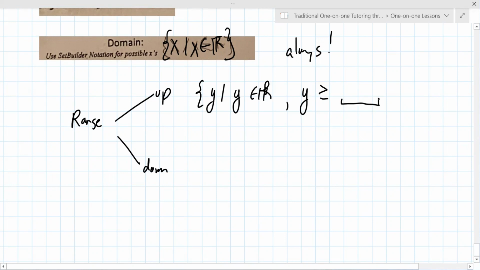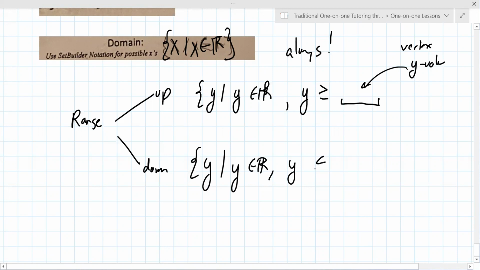Now this number right here comes from the vertex. It's the y value of the vertex. If it opens down, it's the same thing, but y is less than or equal to that right there. Okay. I'm gonna take a picture of that and write that down on a flashcard. All right. Awesome. Got a photo.